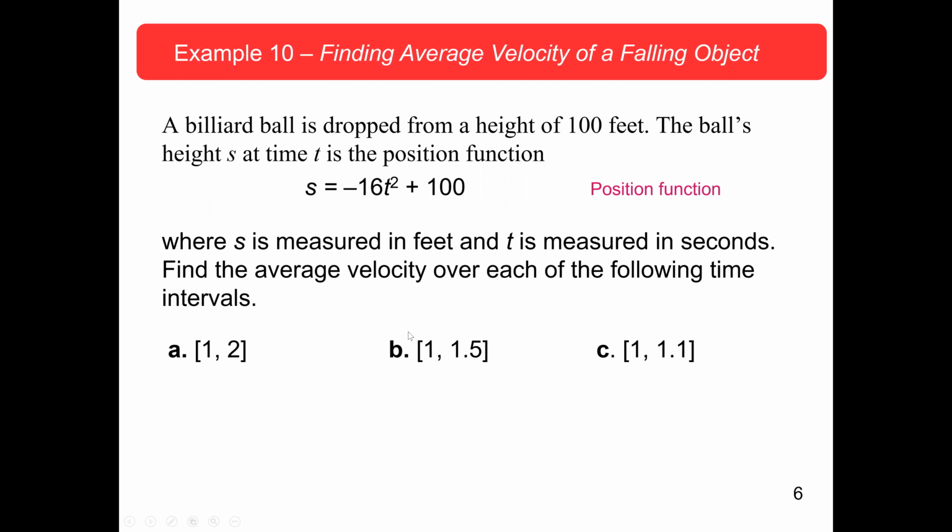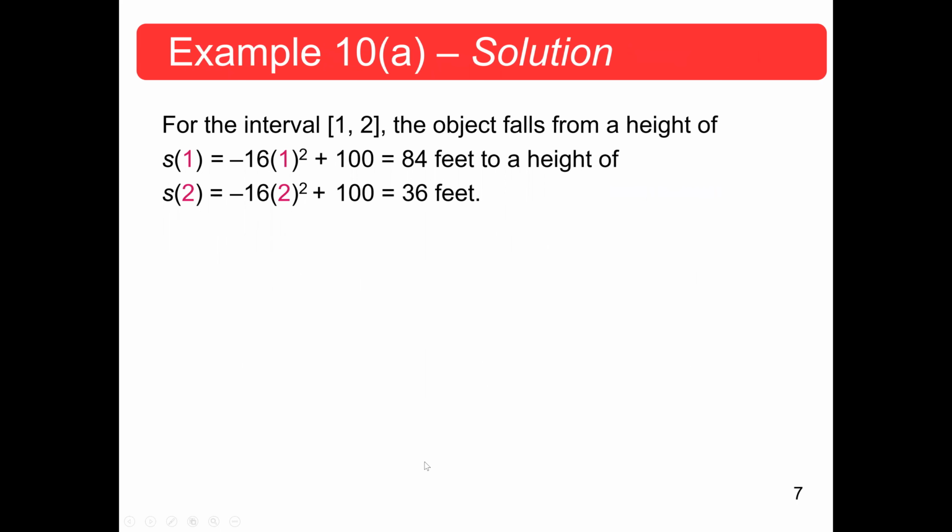Find the average velocity over the following time intervals: 1 to 2, 1 to 1.5, and 1 to 1.1.